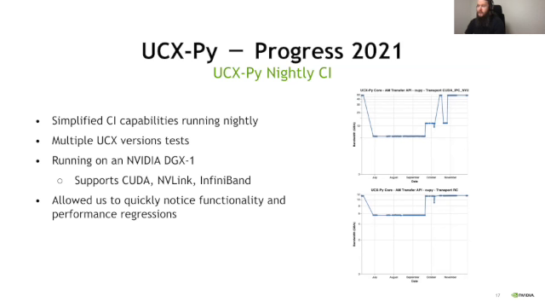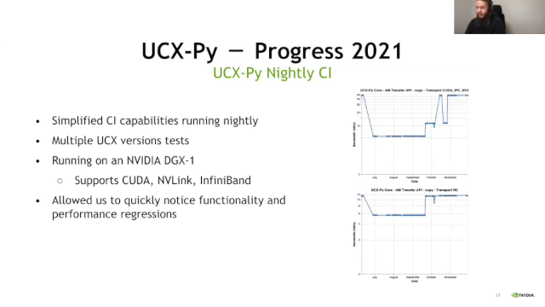The CI has possibly been one of the most important things we worked on this year. It allowed us to quickly find several regressions in UCX, UCX-Py, Dask, both on functionality and performance.